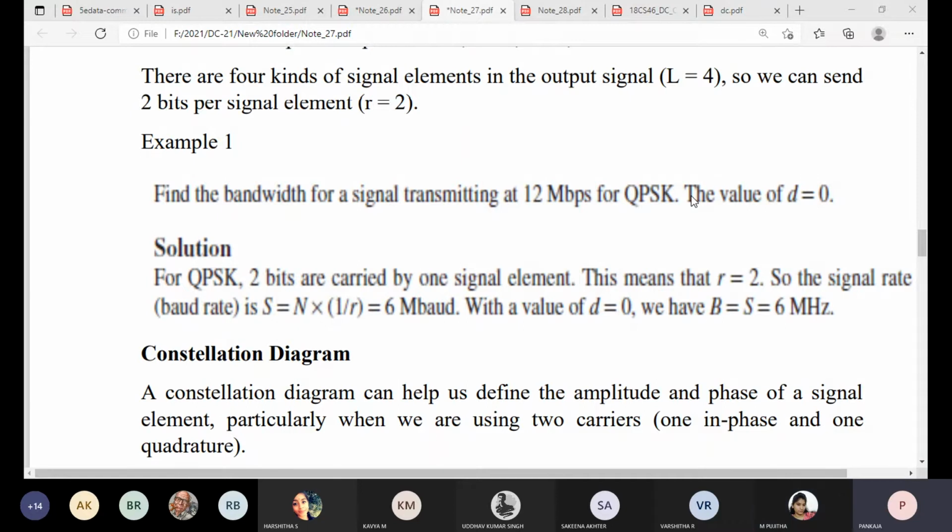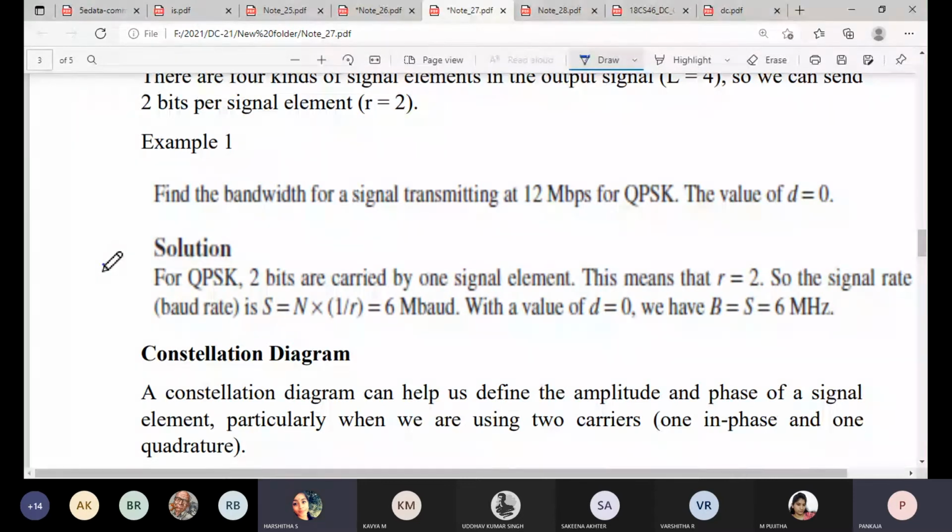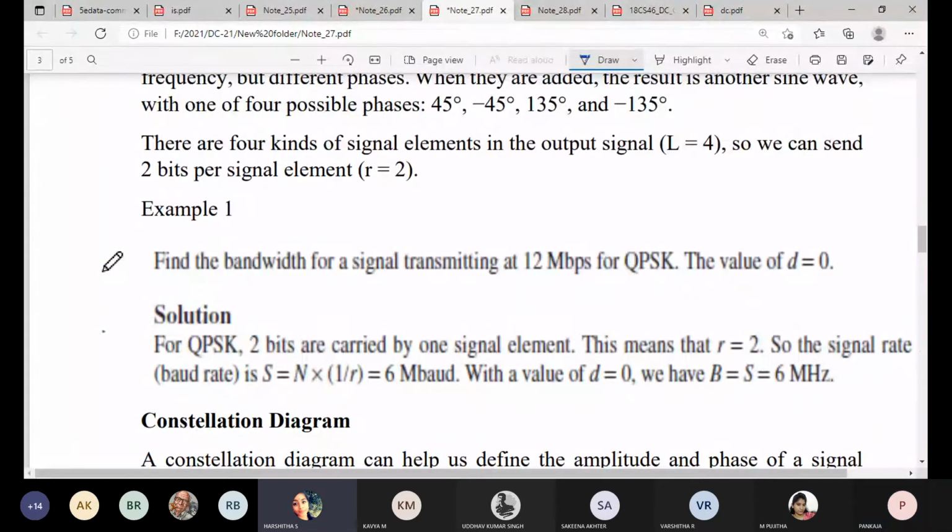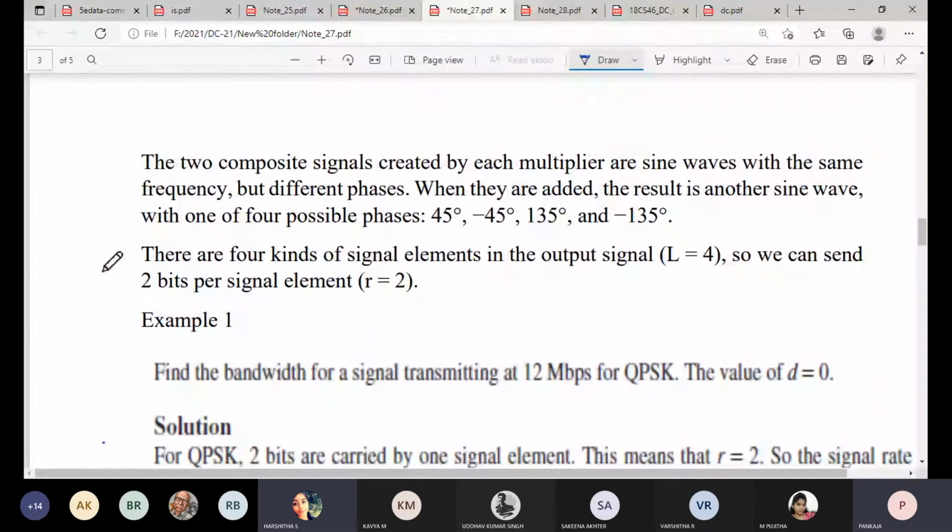Composite means it will be having a group of sine waves, not a single sine wave, with different amplitudes and frequencies. That is called a composite signal. These are the terms you should know, because if you are just reading it as a composite signal, you may not understand. Understand the meaning of each word, then it will be easy to understand.